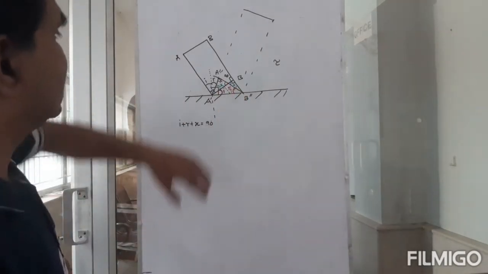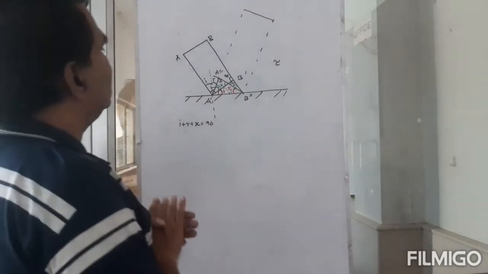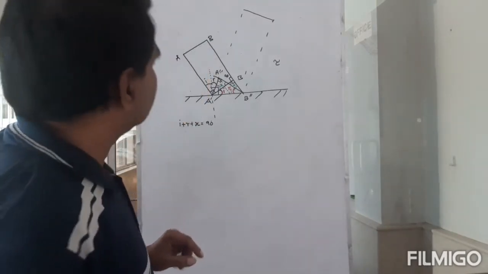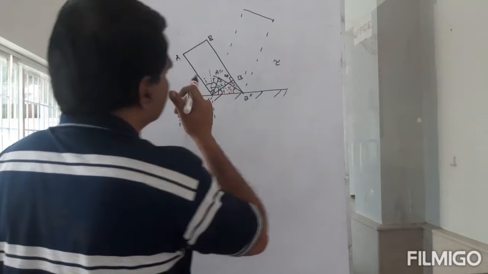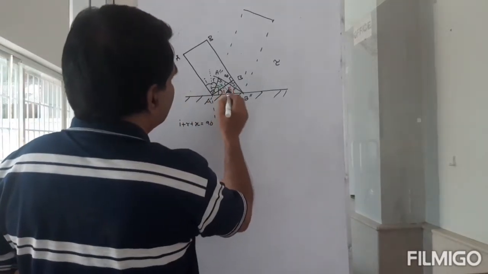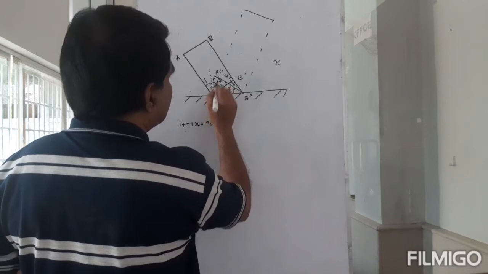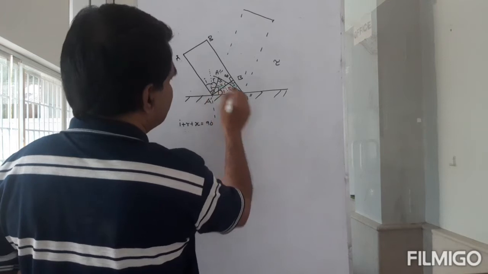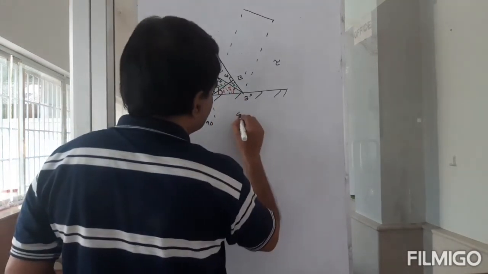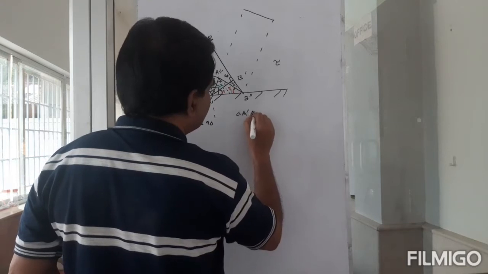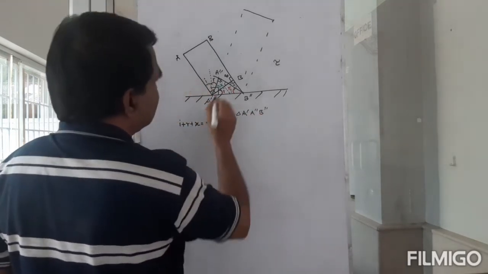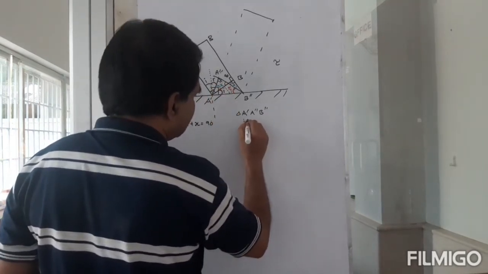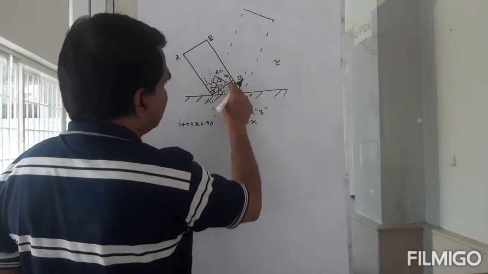Okay? Let's see. If I take this triangle, A dash, A double dash, B double dash, this is 90 degrees, and this angle is I plus X, I plus X plus R1.